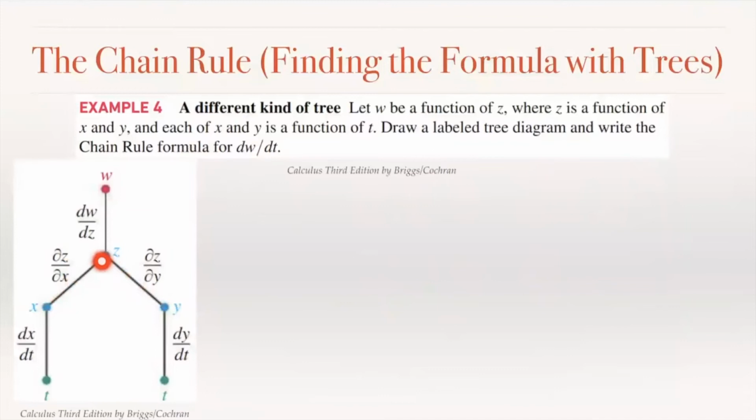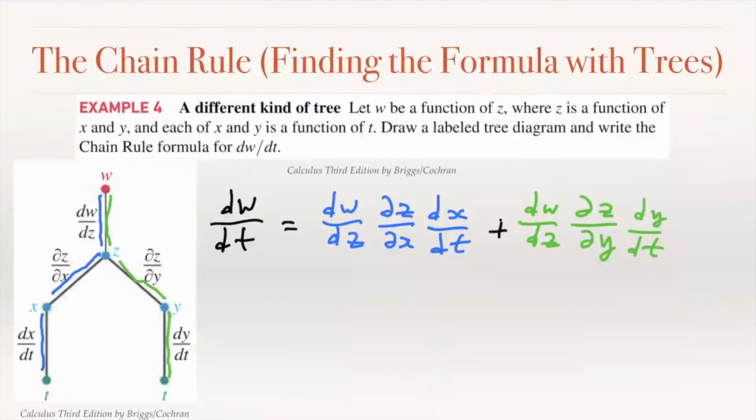So this would be del z del x. And we want dw dt. Each of these ends in t. So this will be the product of the guys along each branch, summed together. And that is this. Again, notice the notational distinction. Whenever we have a function of only one variable, that's a single variable derivative, dt, whatever, while z is a function of two variables, that's the partial derivative in the middle.